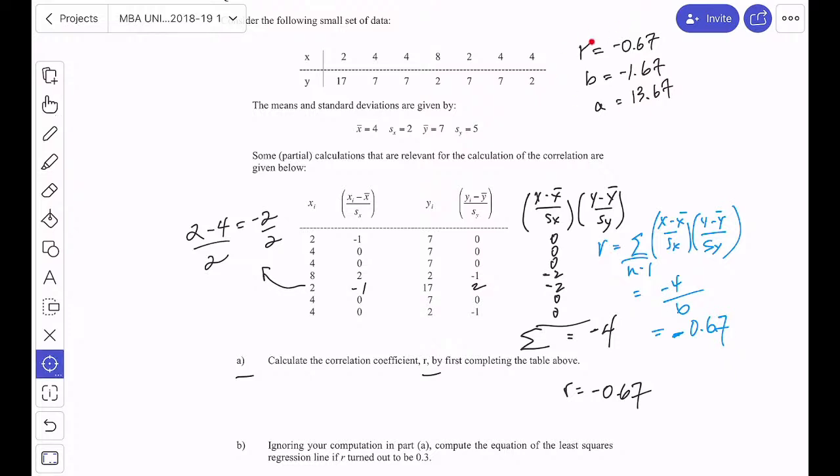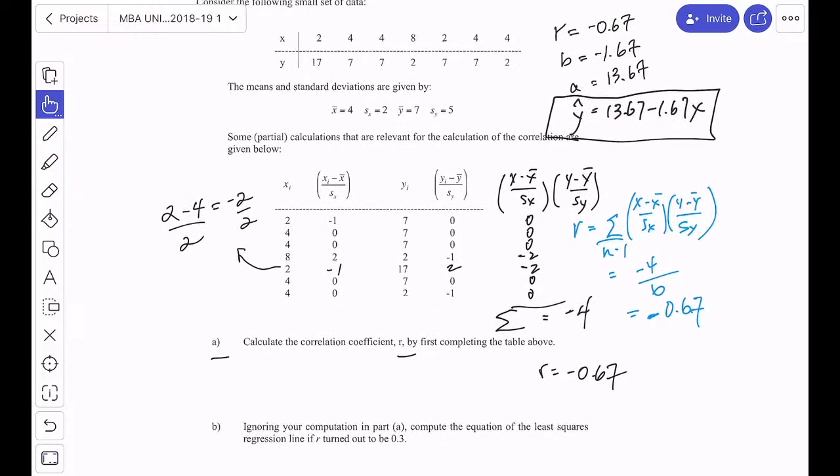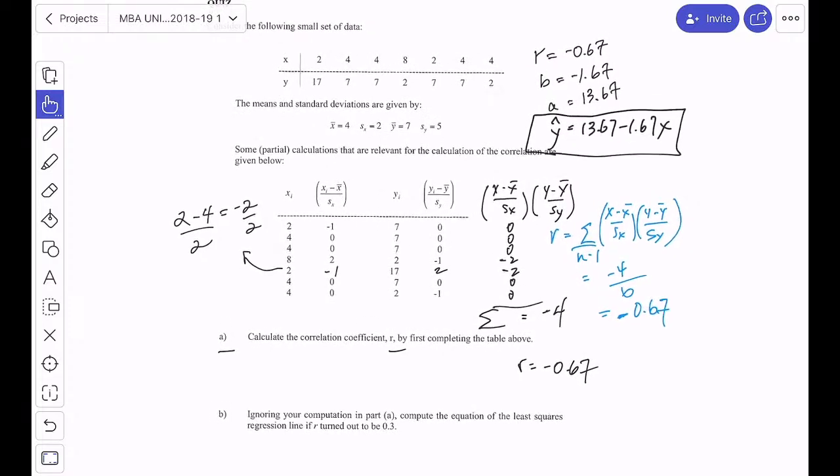Although this is the correct answer, and the line in this answer would be y hat equals 13.67 plus or minus 1.67x, I said, forget about what you did and just let R be 0.3. What would be your line? I hope that's not too confusing, but it was to get students to calculate R for one point and then the line for another point.